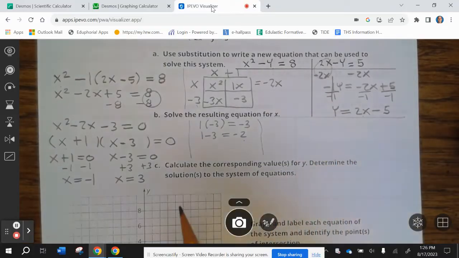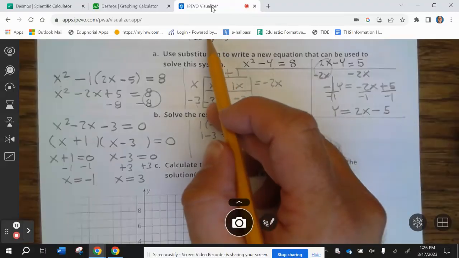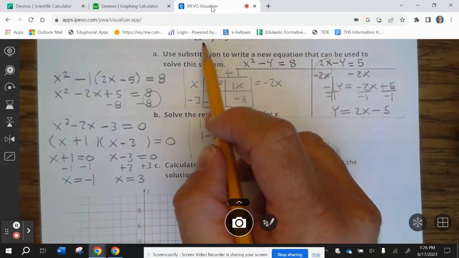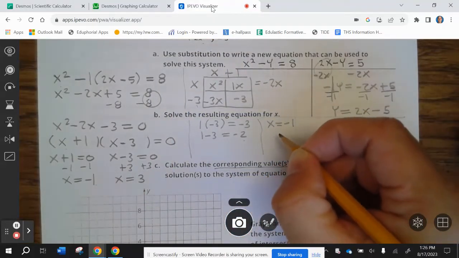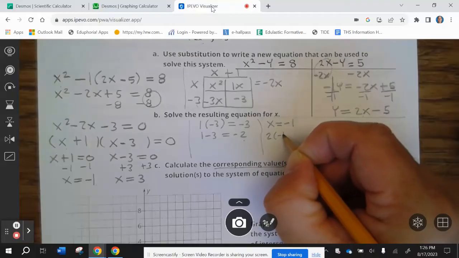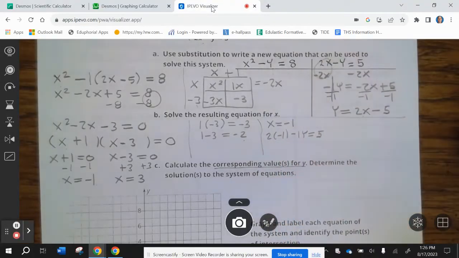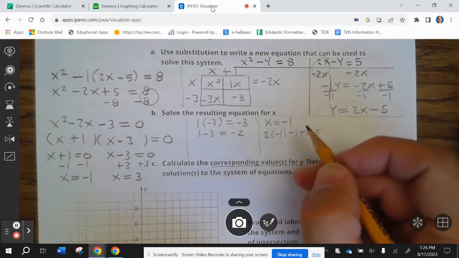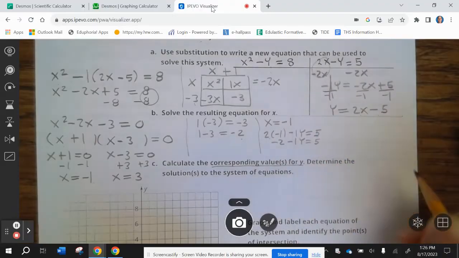Okay, now we need to find the corresponding y value. So we're going to plug these numbers back into either equation. It appears that this equation doesn't have the square, so that's probably easier to solve for. So when x is negative 1, we have 2 times negative 1 minus 1y equals 5. So 2 times negative 1 is negative 2, minus 1y equals 5.